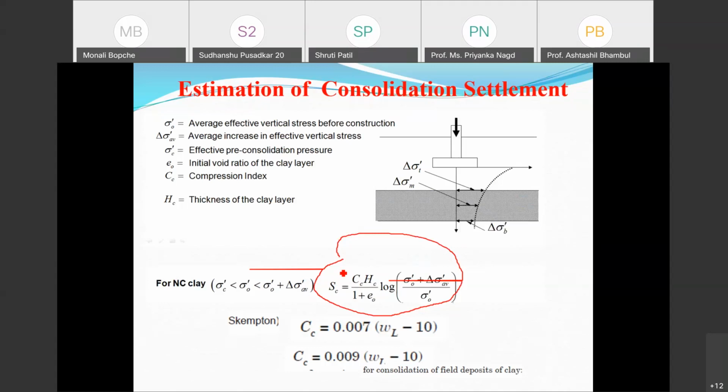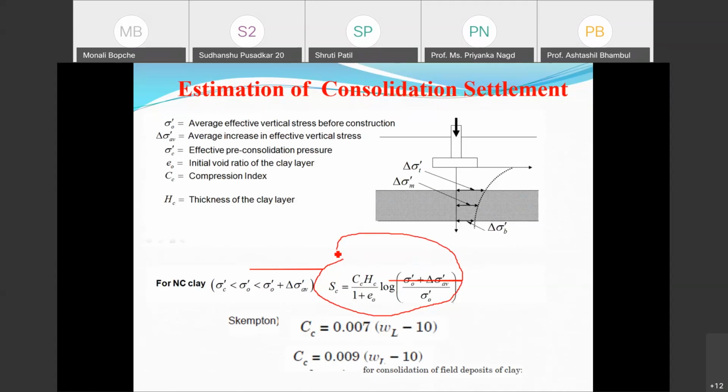Cc is the compression index, H is the thickness of the soil layer, e0 is the initial void ratio, sigma0 dash is the initial effective stress, and delta sigma is the additional stress coming because of the construction of the structure.